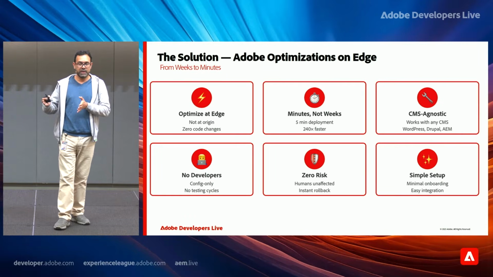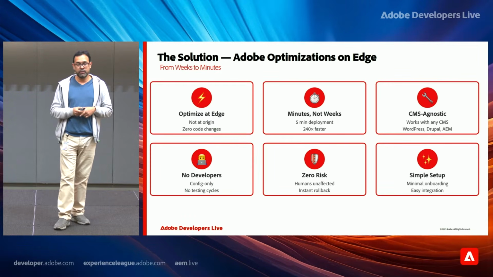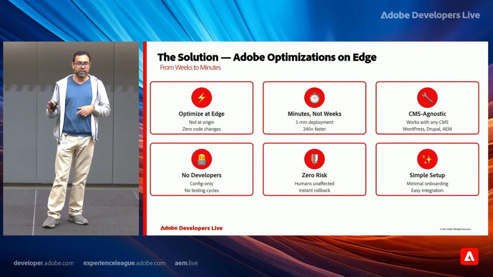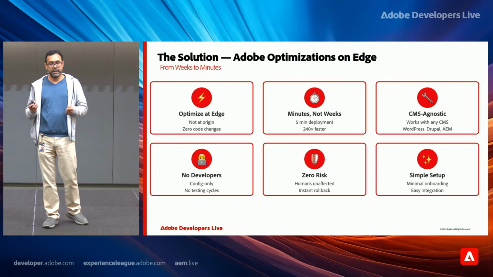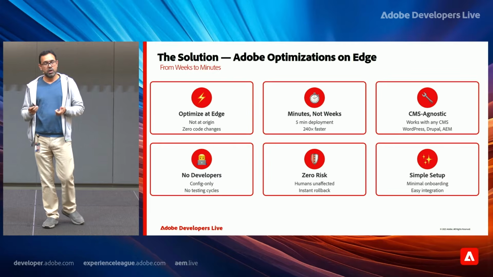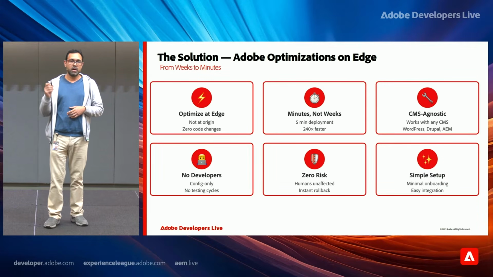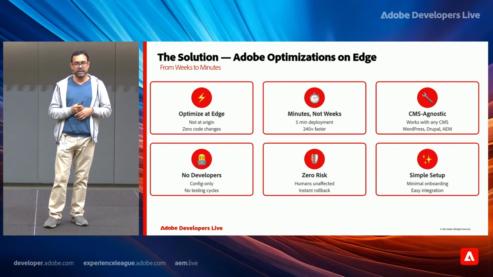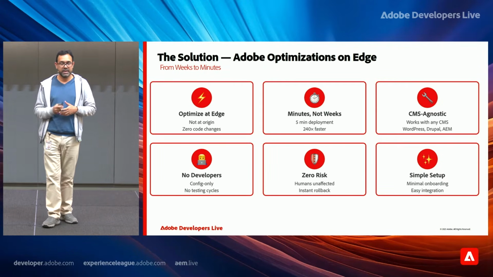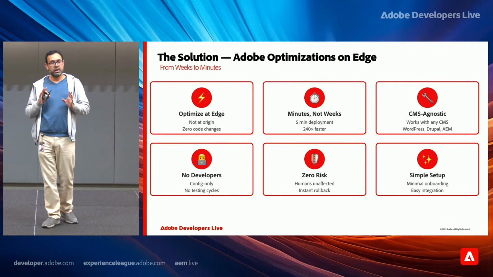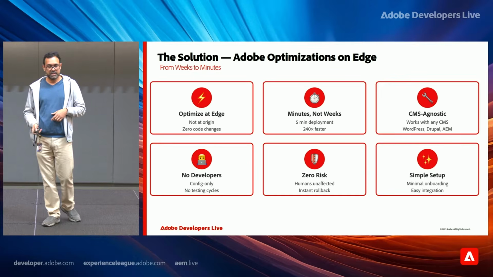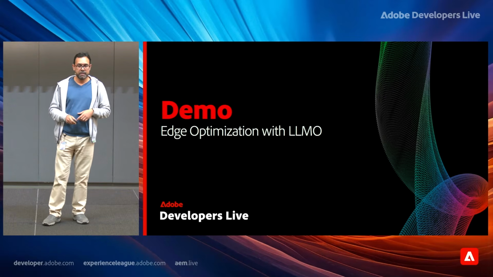For content visibility opportunities, especially the one we are focusing on in this session, browser traffic will not be impacted, and if needed, we can roll it back very easily. And the sixth is simple onboarding, a minimal one-time setup on your CDN, and then you are ready to start. To summarize: fast, easy, safe, and CMS independent, and best of all, what used to take weeks before is now done in minutes. That's the power of optimization on edge.